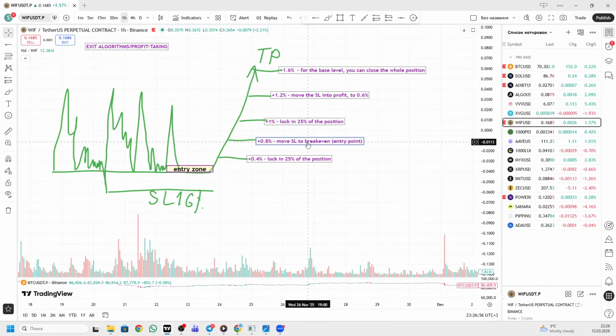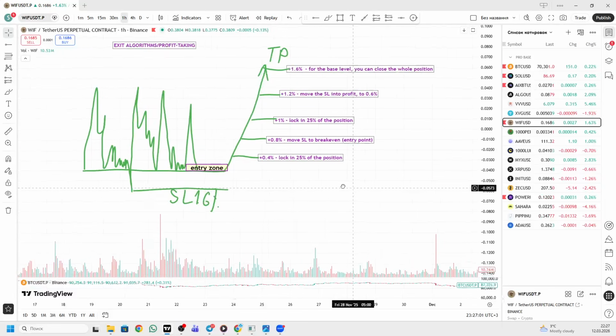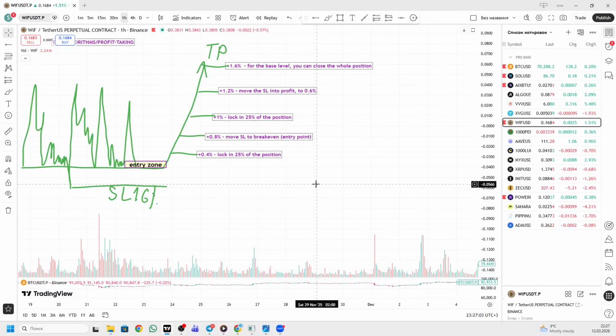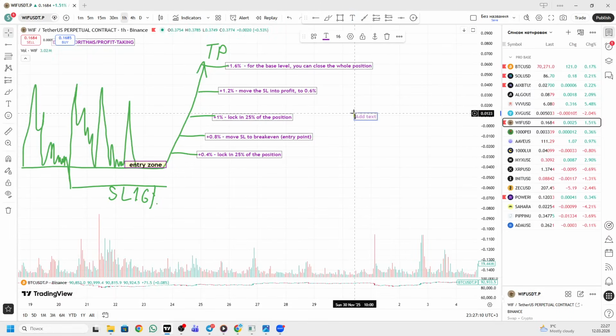So right now I want to write down one more important thing which I want you to have. It is action order. Okay, so it's like a small checklist. Let's write down like this: action order, checklist.